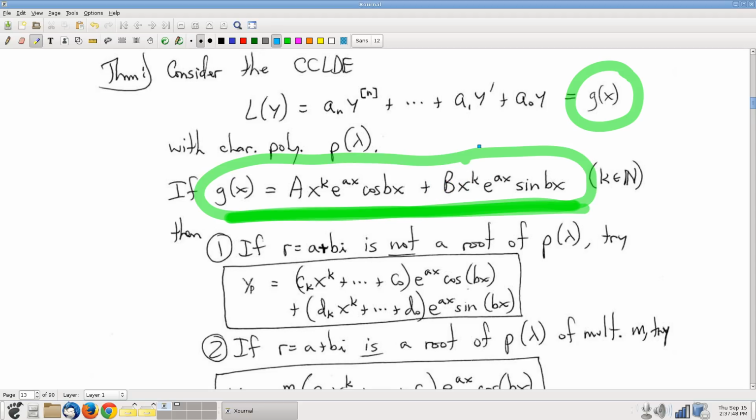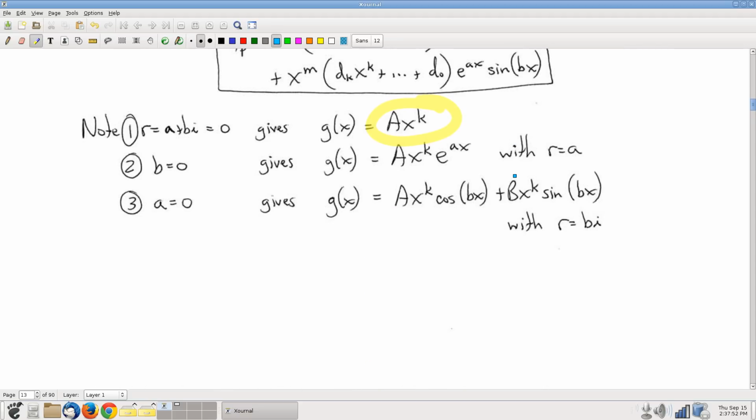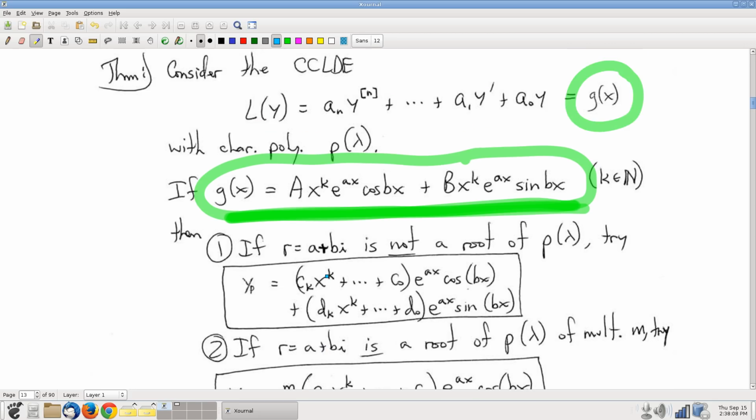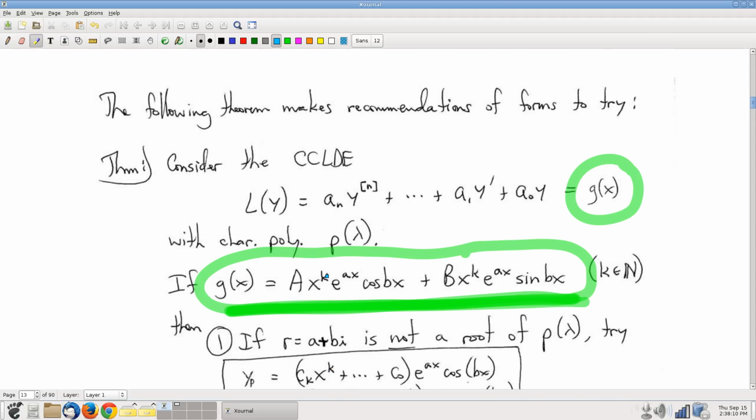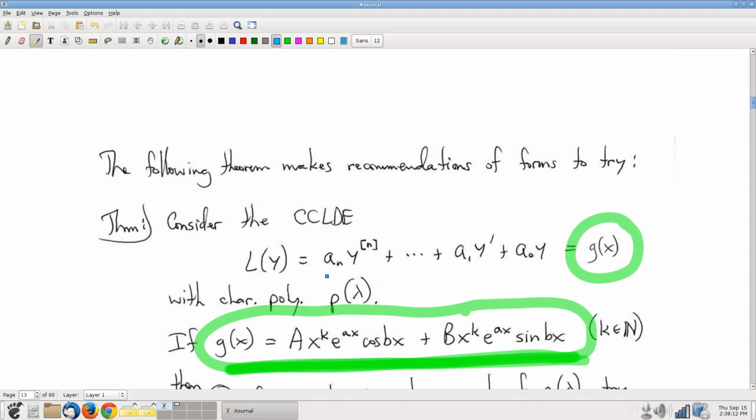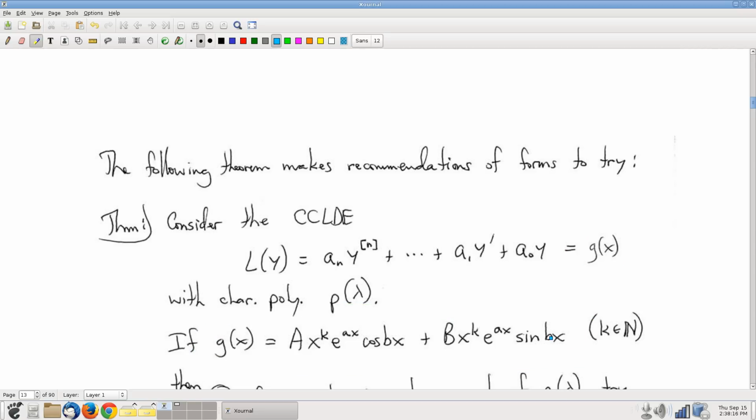Likewise, with appropriate choices of the various parameters, I could make that look like a monomial times e to the ax. I could make it look like something of this sort. In other words, there need not be an exponential term in there. Lots of different variations. So, even though this is not a thoroughly general theorem, it is a widely applicable theorem. It considers a lot of different right-hand sides.